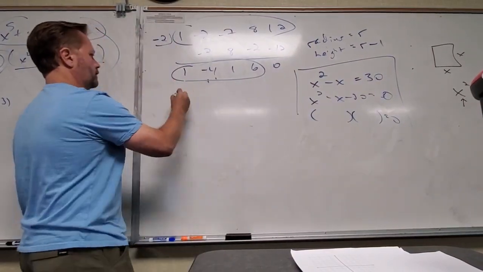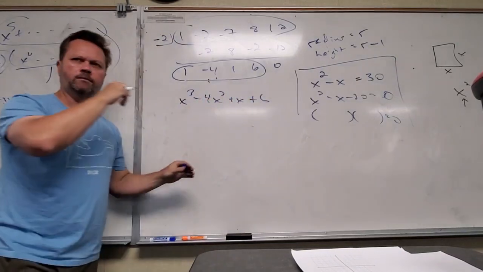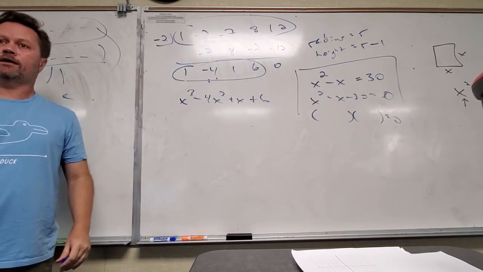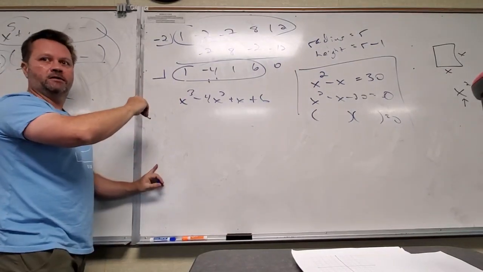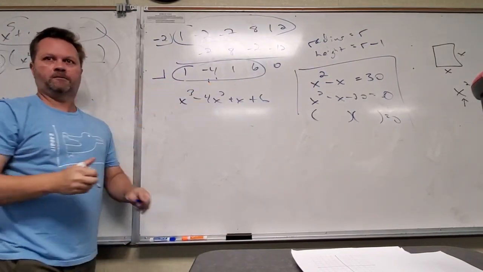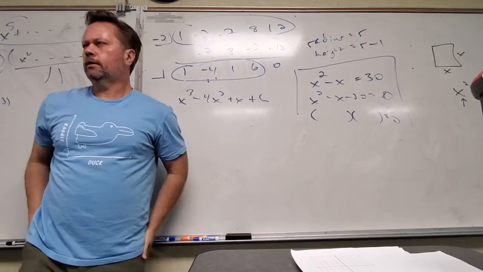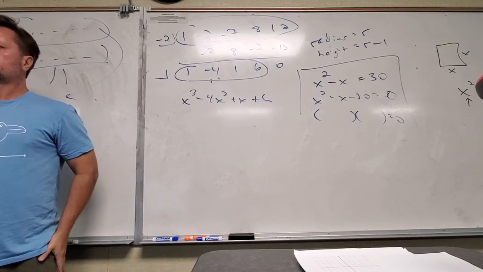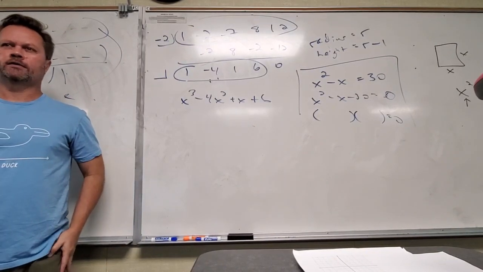So right now we've got x cubed minus 4x squared plus x plus 6. Can you factor that? No. I have to do synthetic on it. So that's why I said I would just do another tier here, and then I would try a number out here. I like it. It might be just me that likes it, but that's all right.